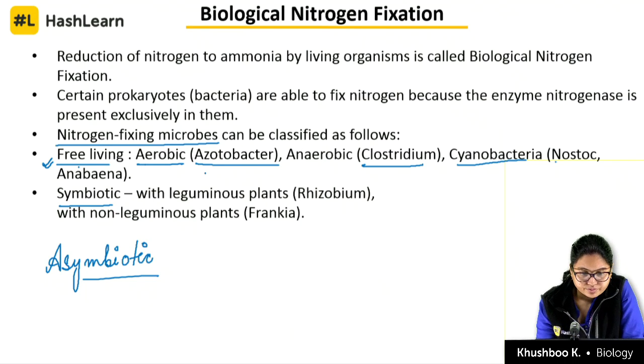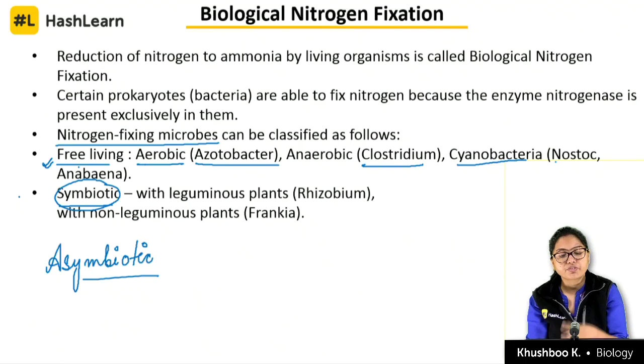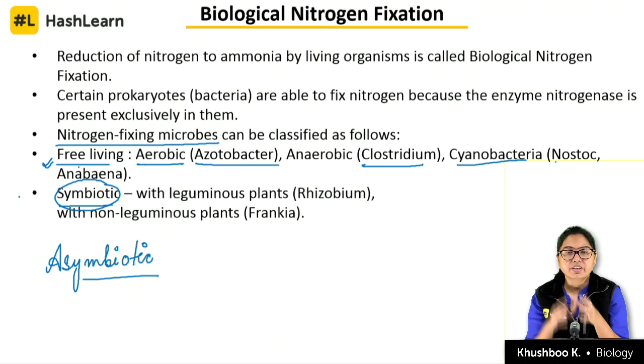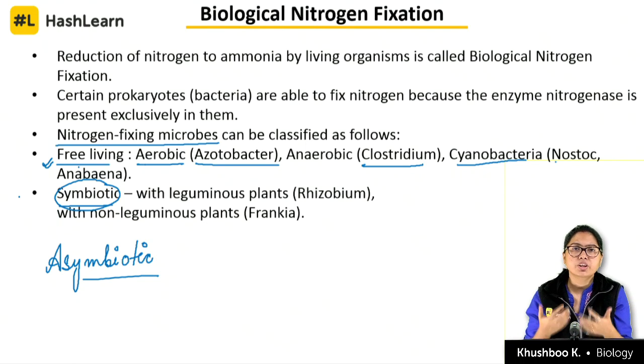These are the examples, and then we have symbiotic nitrogen fixation, where the bacteria lives in close association with the plant. It gets nutrients from the plant, and in turn it fixes nitrogen for the plant, which the plant utilizes for its own metabolism.